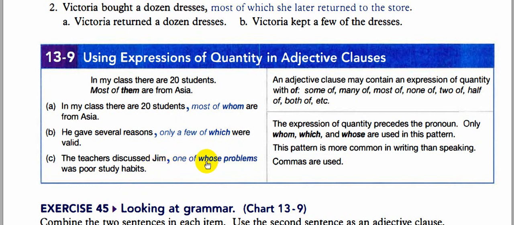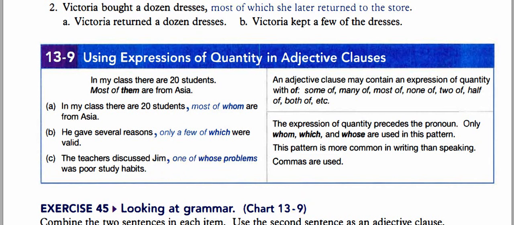They are using whose after an expression of quantity, as you can see, one of. So here whom, for example, is describing students, which is somebody, and which is telling you something about the word reasons. And here whose is expressing the possession of somebody, who is Jem here. So it's okay to use whose.